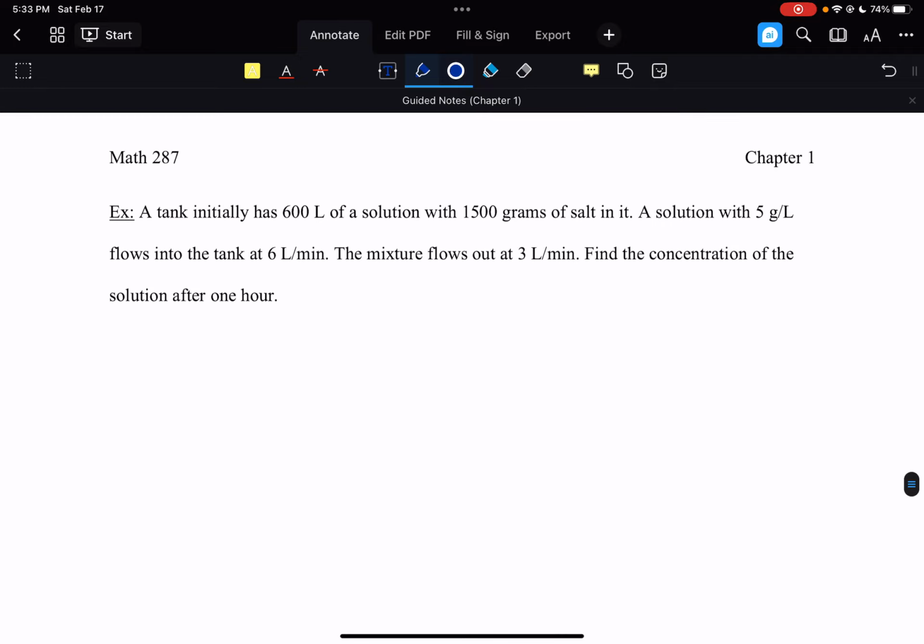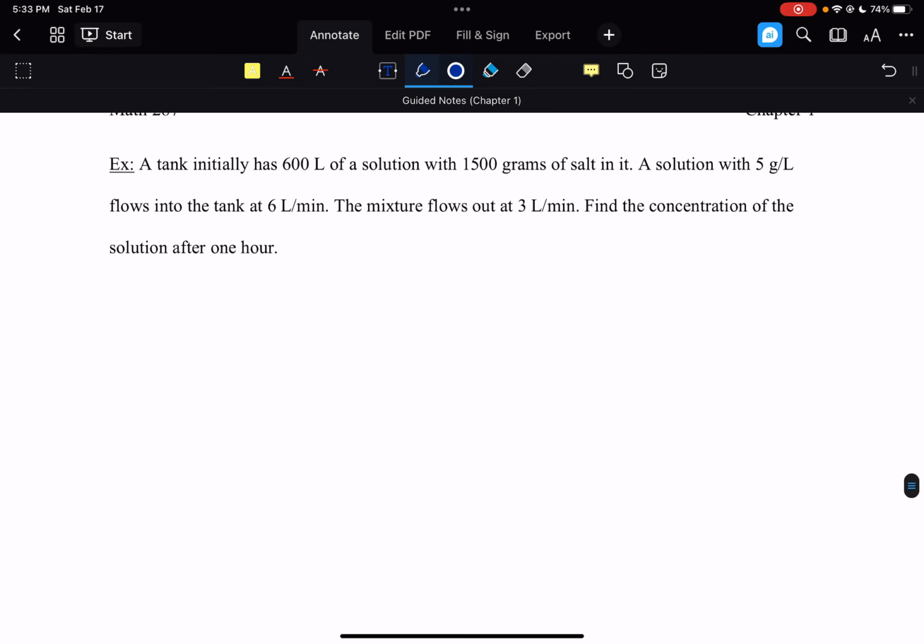A tank initially has 600 liters of a solution with 1,500 grams of salt in it. A solution with 5 grams per liter flows into the tank at 6 liters per minute. The mixture flows out at 3 liters per minute. Find the concentration of the solution after 1 hour. So we're going to need the volume, V of t.